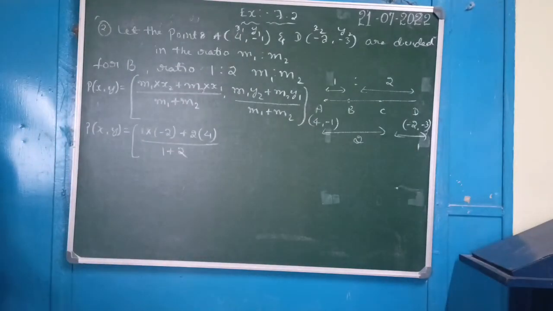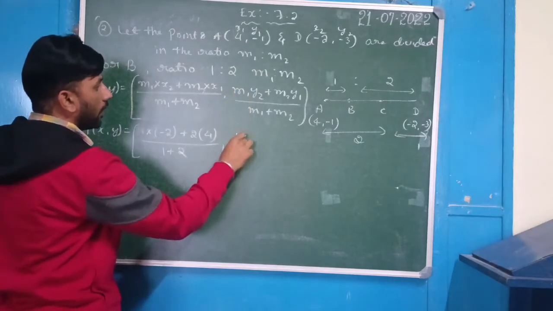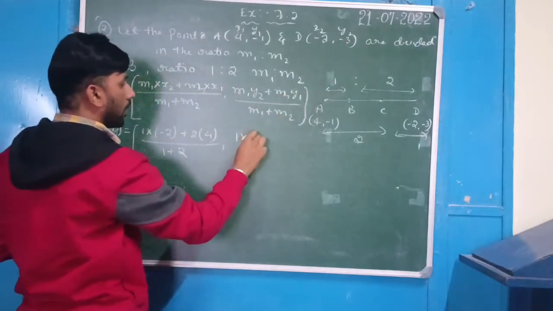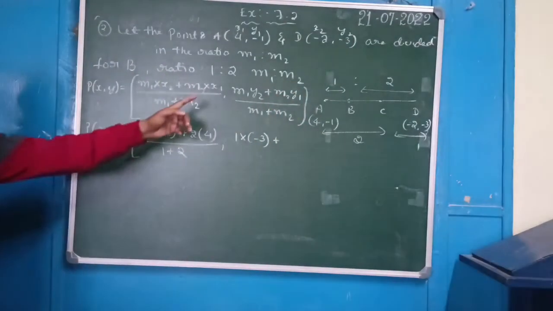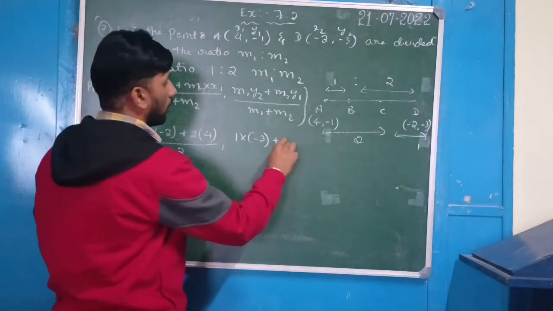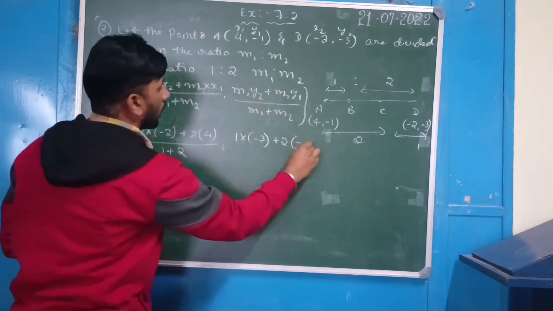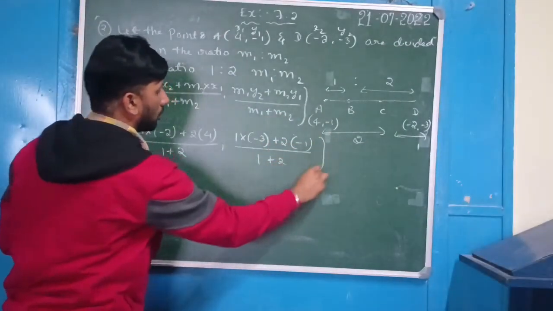Comma, m1 is 1 into y2. y2 is -3 plus m2 is 2 into y1, y1 is minus 1, whole divided by 1 plus 2.